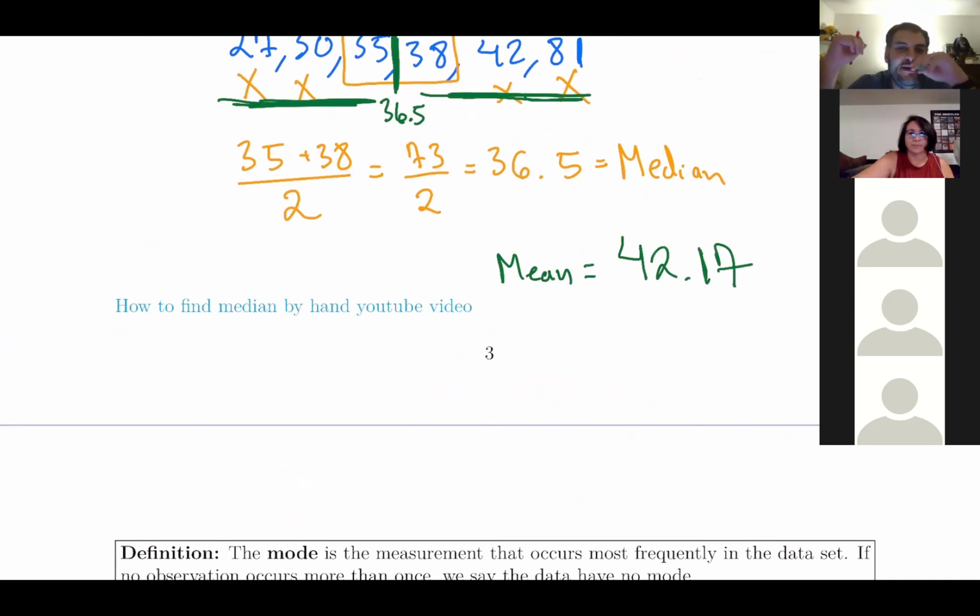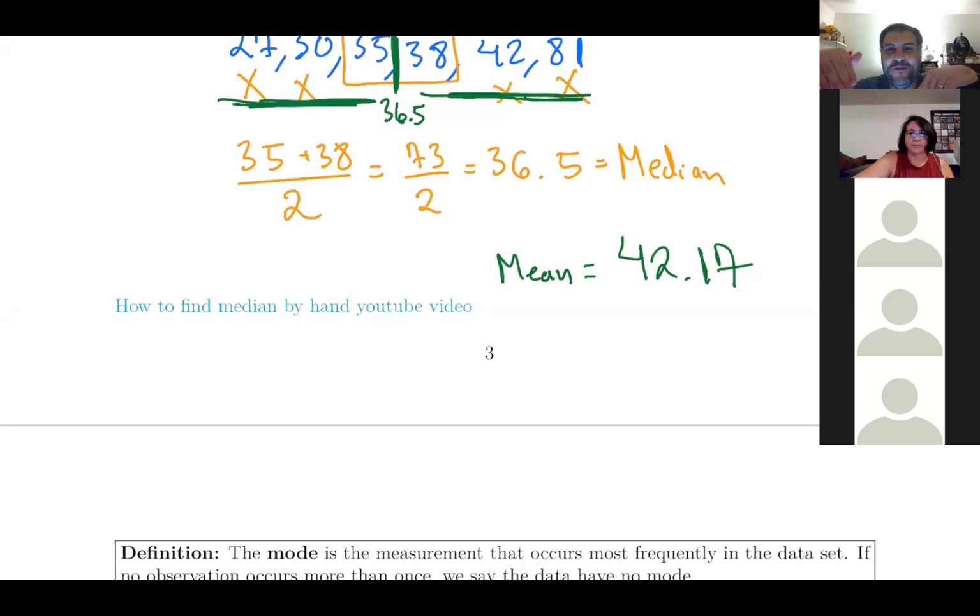All right, so good. You should have gotten 42.17. Normally, if all our data sets are pretty symmetric or close together, our mean and our median should be pretty much the same. It's not going to be exactly the same, but it should give you roughly the same number.